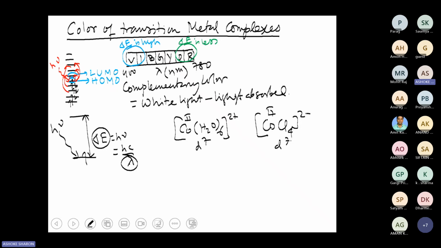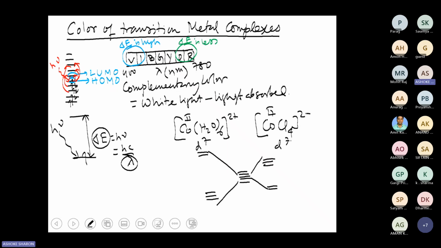Now for [Co(H2O)6]2+, I draw the electronic configuration, taking the cobalt degenerate state. In the octahedral field the orbitals are split one way, and in the tetrahedral field they are split the other way.